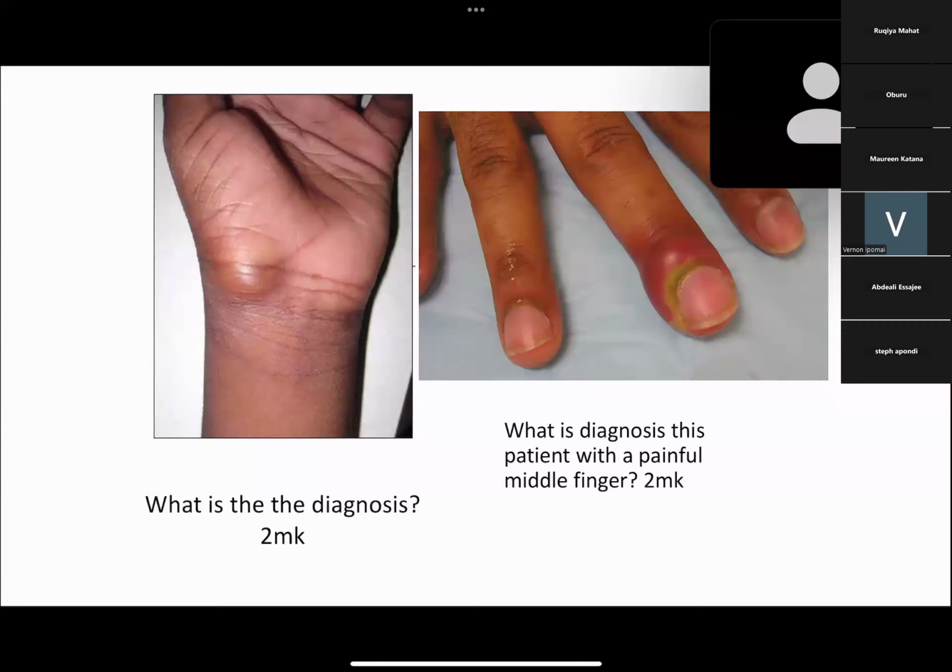What's the diagnosis in the first image? It's a volar wrist ganglion, okay? And usually it is wrapped around the radial artery.